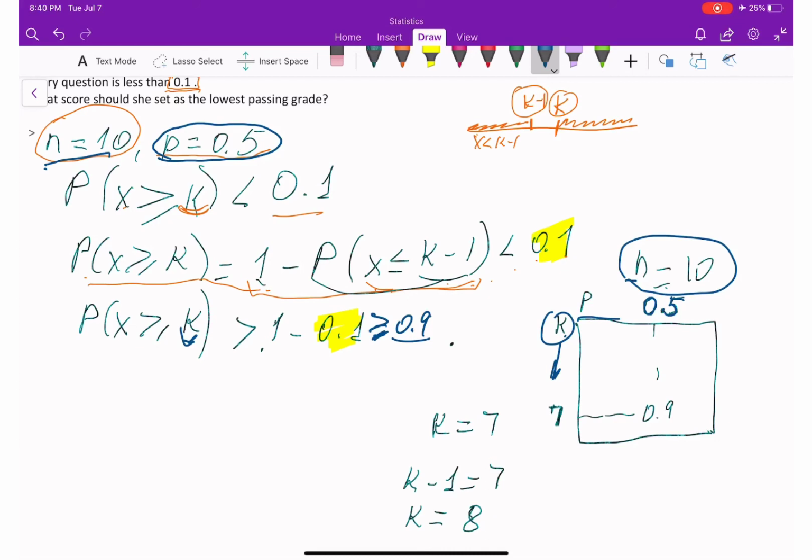What I'm going to do is go down this column under 0.5 and find the first probability that is greater than 0.9.